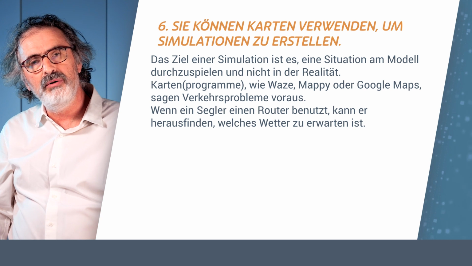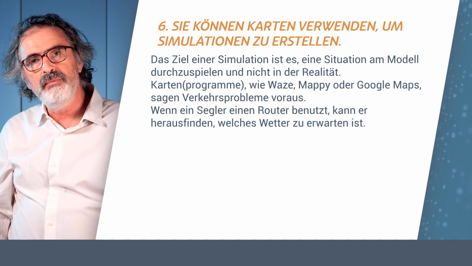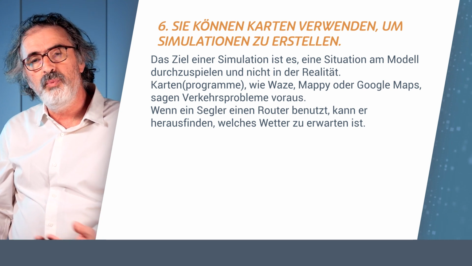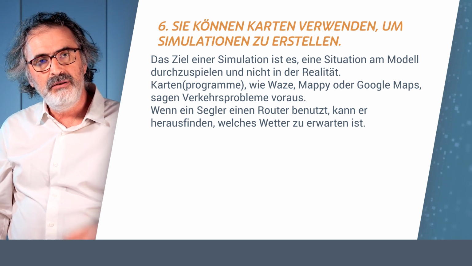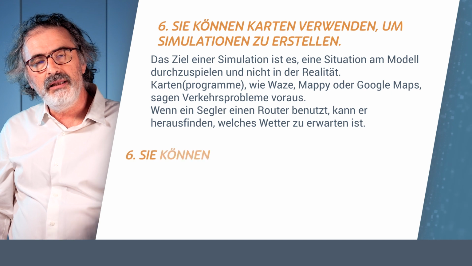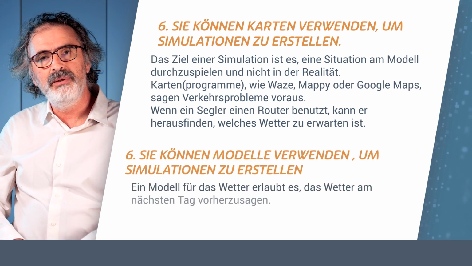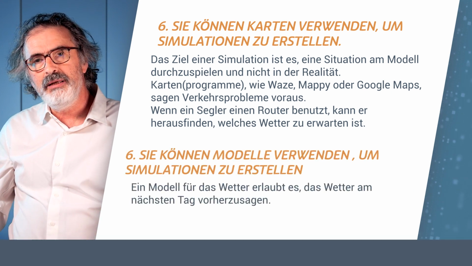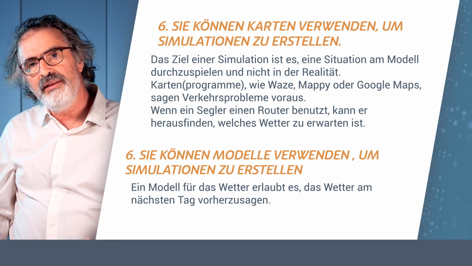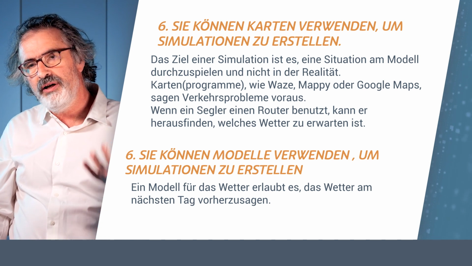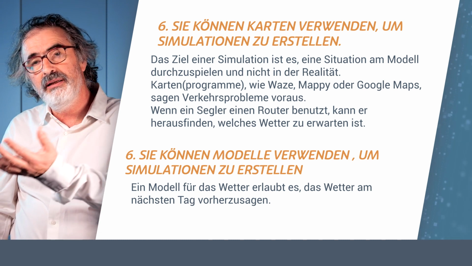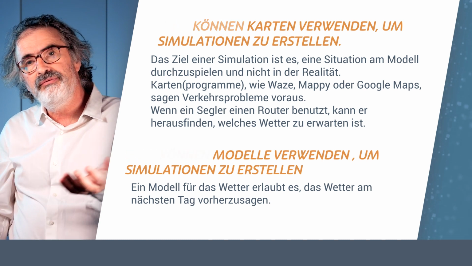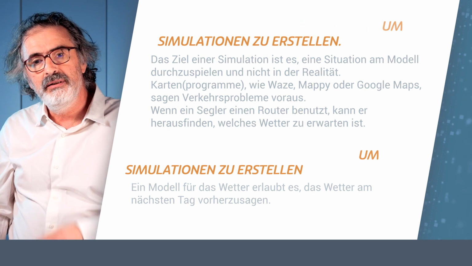If you're sailing a boat, you can also use the map to take into account the wind conditions and find the best route. You can use models in the same way to build simulators, and the typical example is a weather forecast. You're just running your model to predict what the weather is going to be in the next few hours, and therefore know if you need an umbrella or not.